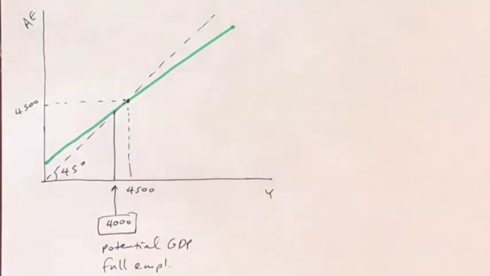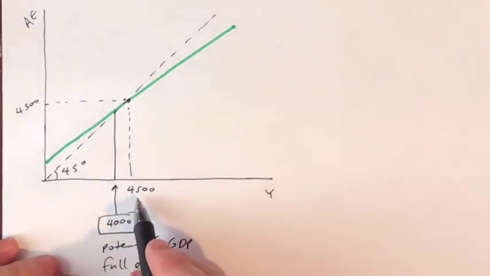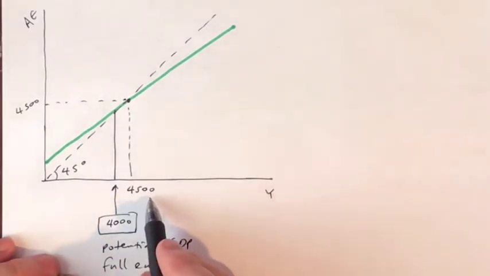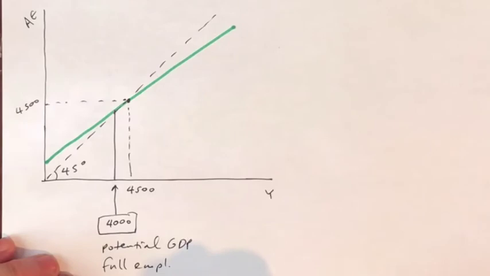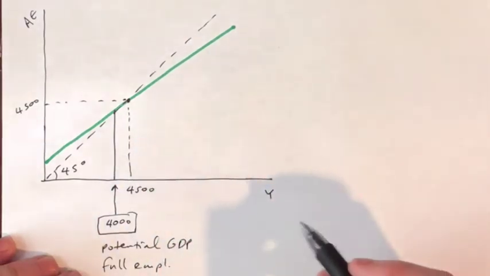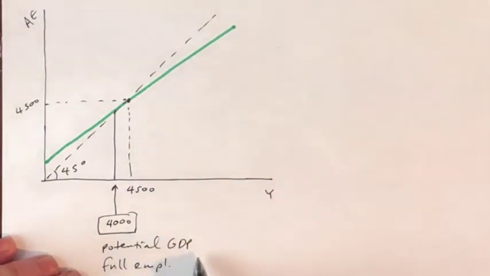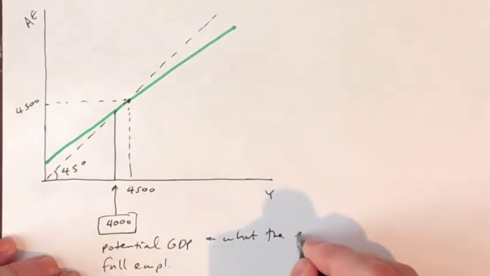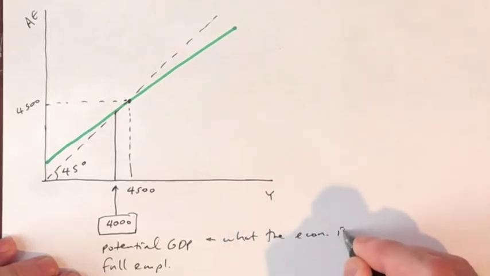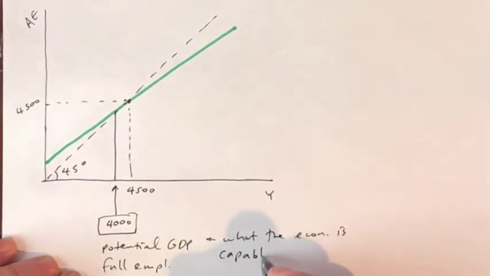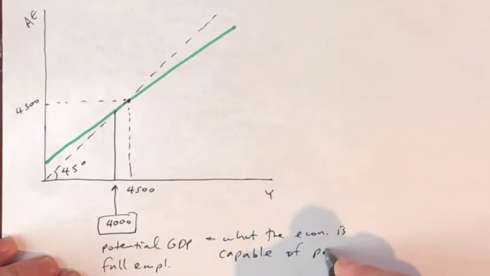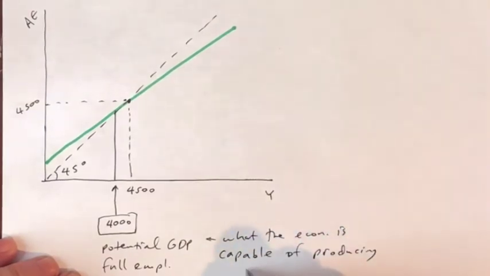Well, this is a different situation altogether, where the spending is actually higher than the potential. You can't actually have this. The potential is the total amount the economy is capable of producing at a maximum.